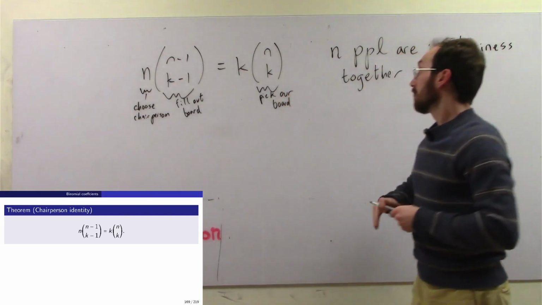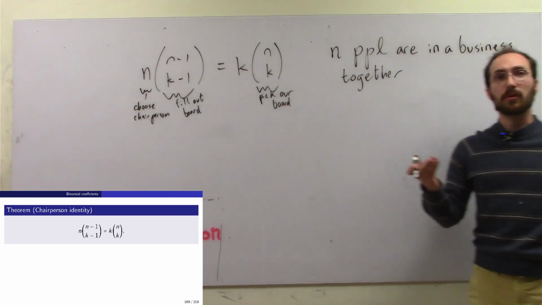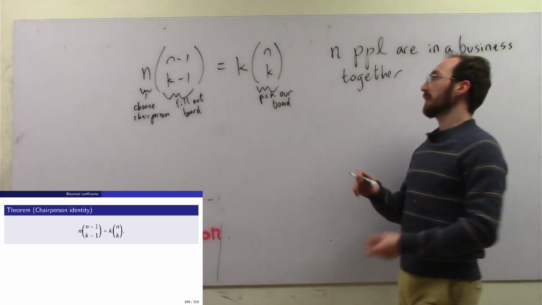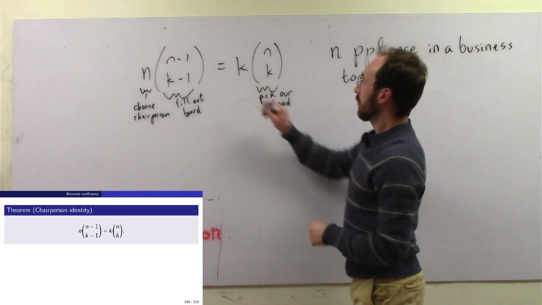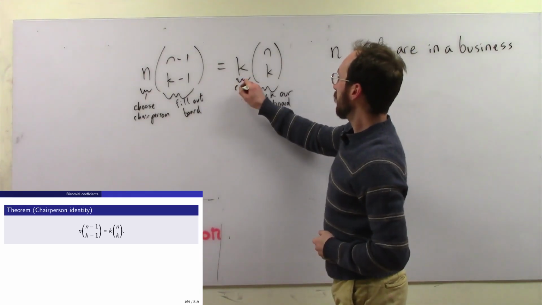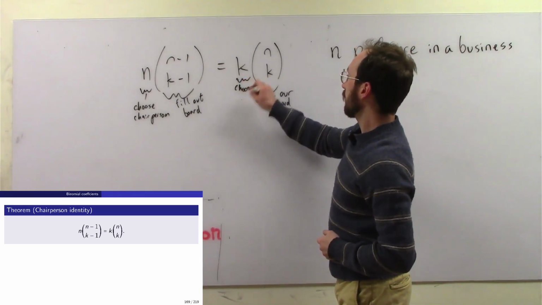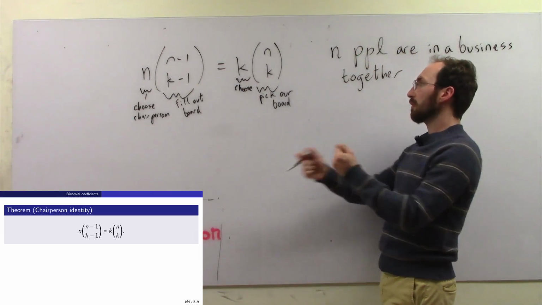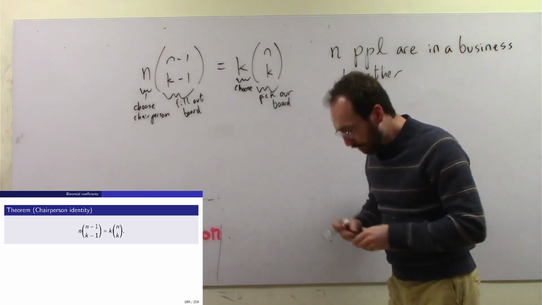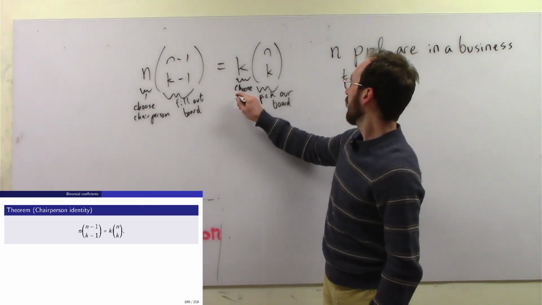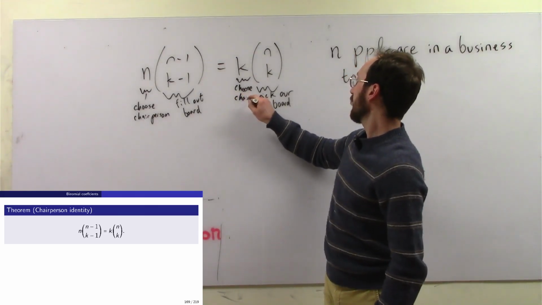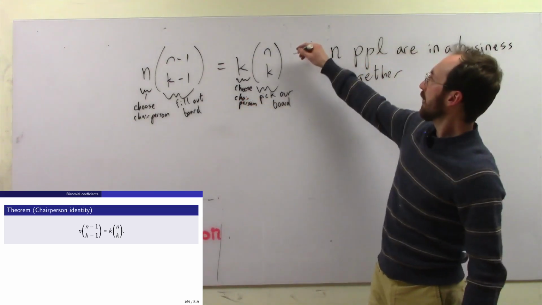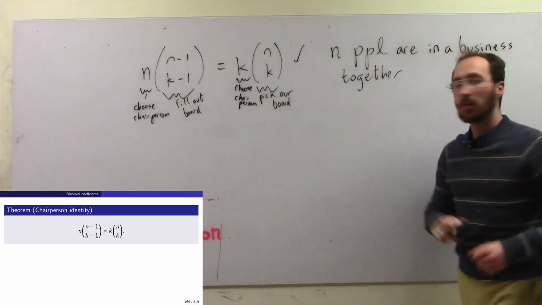And now there's k people in our boardroom. We choose one of those k to be our chairperson. Perfect. Now basically this is telling us we can choose the order in which we make this process, but at the end of the day, we get the same value, ergo, these two are equal.